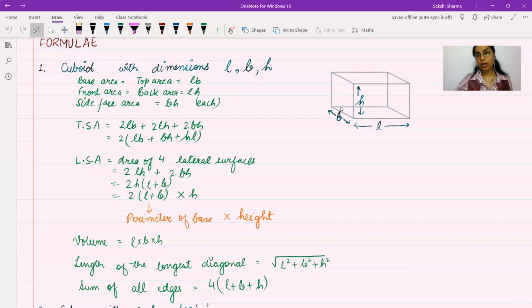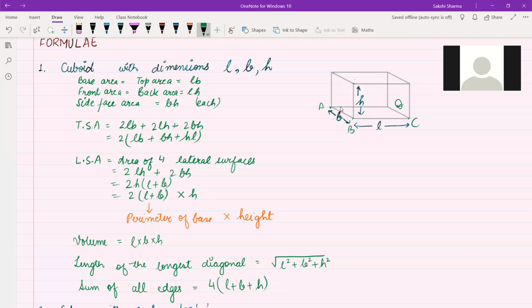If you take a look at this cuboid here, how many vertices does it have? Can anyone answer? Vertices are the corners for this cuboid. How many vertices does this have? 8. Yes. Ma'am, 8. Yes, it has 8 vertices.